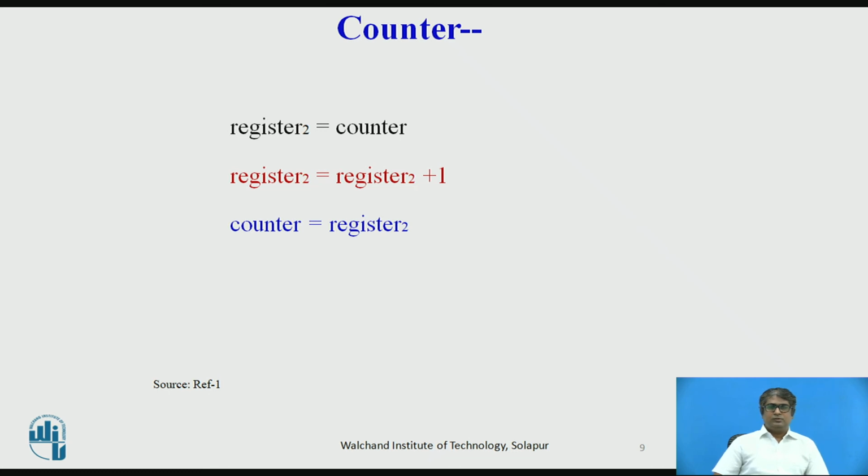Even though register1 and register2 may be the same physical register, you have to remember that the contents of this register will be saved and restored by the interrupt handler. So maybe register1 and register2 can be an accumulator.